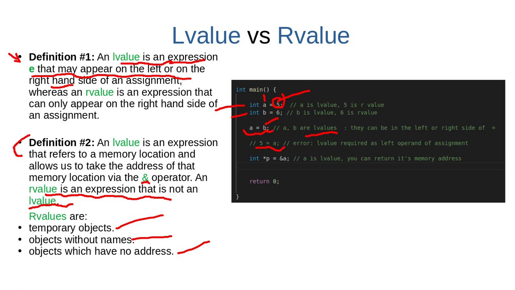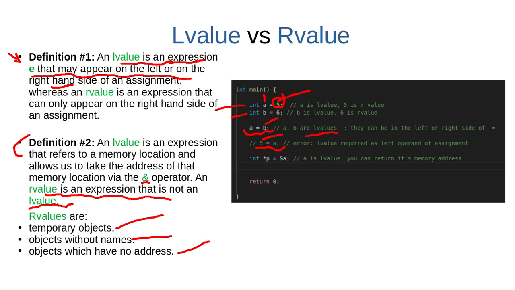5 equal 2. This operation is not allowed, so an error will be thrown if you execute this line, because lvalue required as left operand of an assignment. The value on the left side of the assignment operator must be an lvalue.